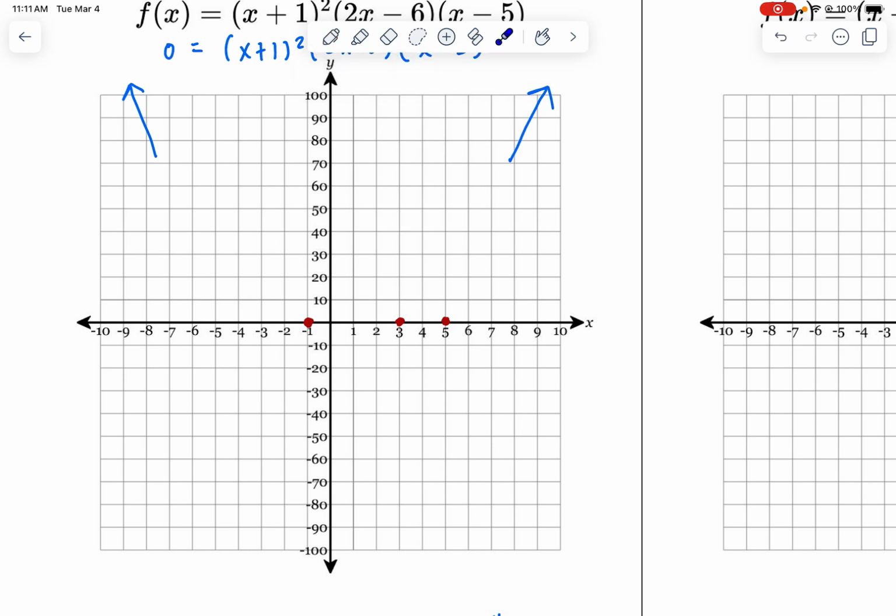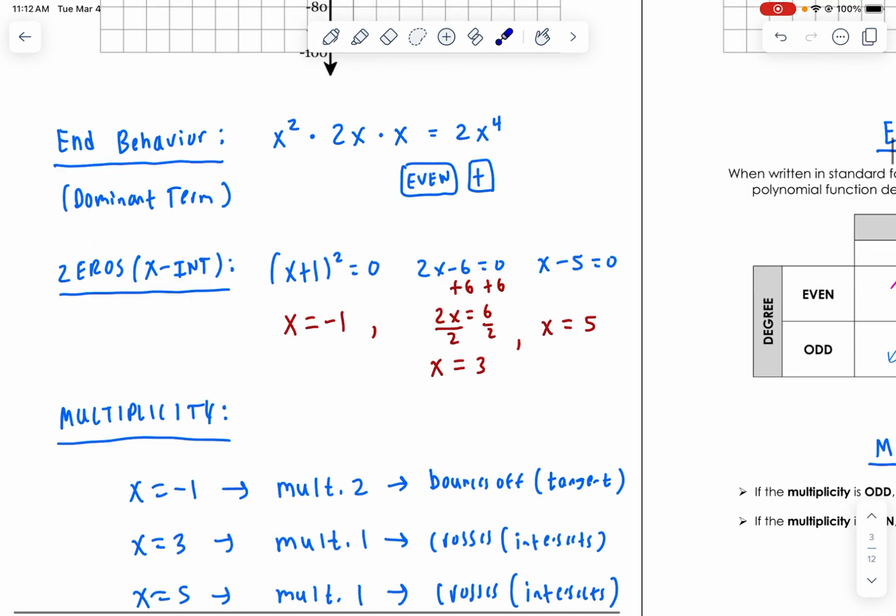So here, I'd always recommend starting from the left-hand side. So here we know that we have to be going down. We have to be approaching our 0 of -1. So I'm approaching it. And then at -1, we got to understand what happens here based on the multiplicity we said earlier.